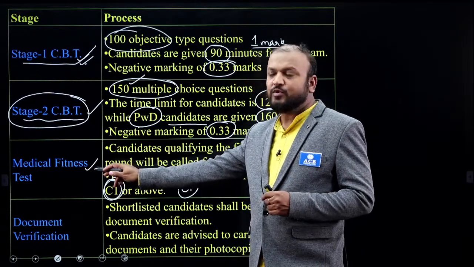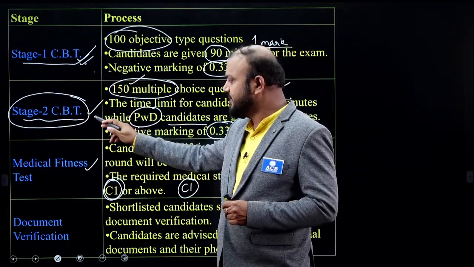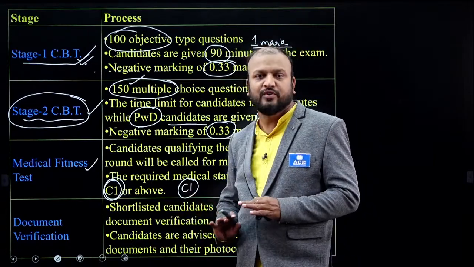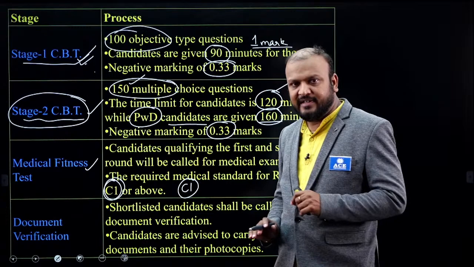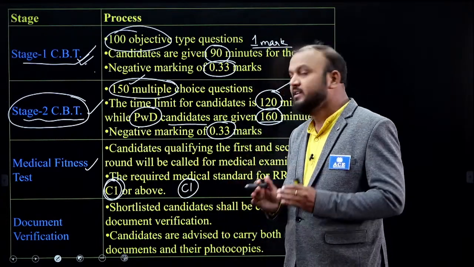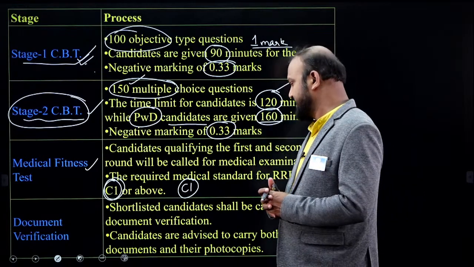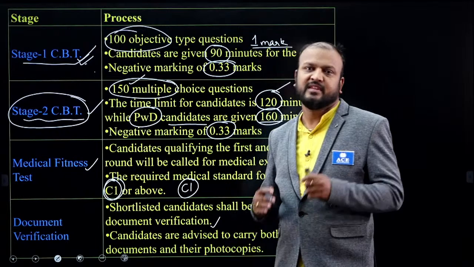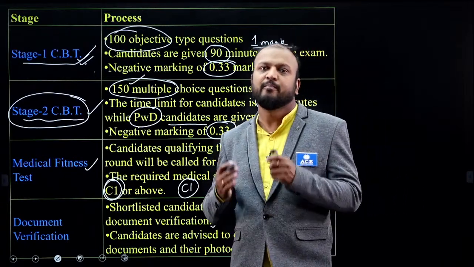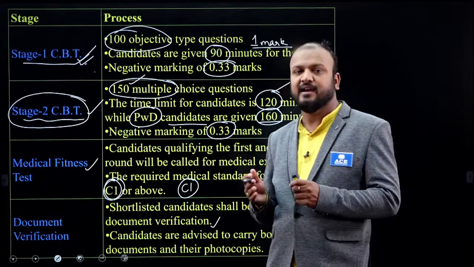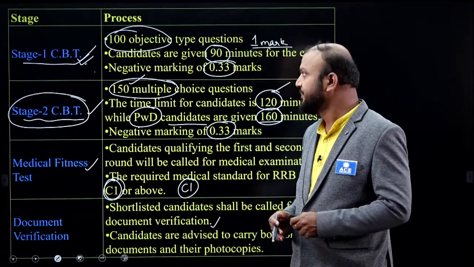If a candidate qualifies for CBT 1, CBT 2 and the medical test, finally document verification is going to be done, and it is recommended for all candidates to carry both originals and photocopies of all the documents wherever necessary. After document verification is over, the candidates will be given a position for RRB JE IT, RRB JE stream specific.